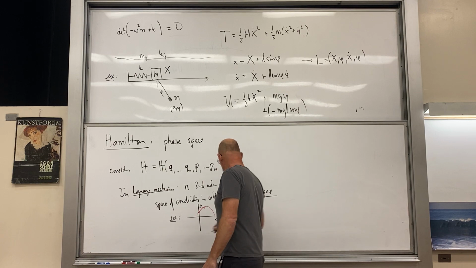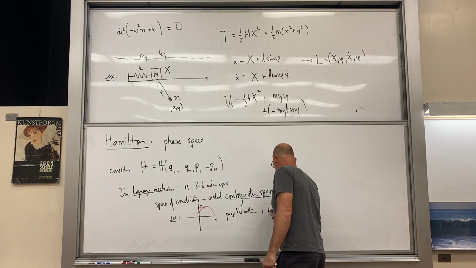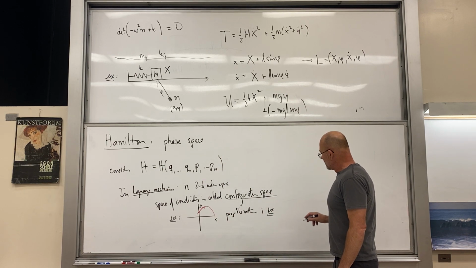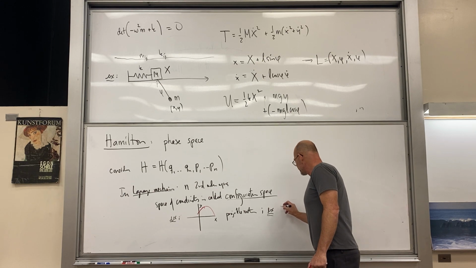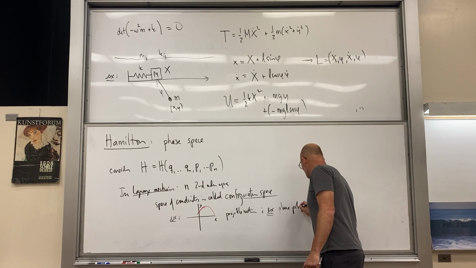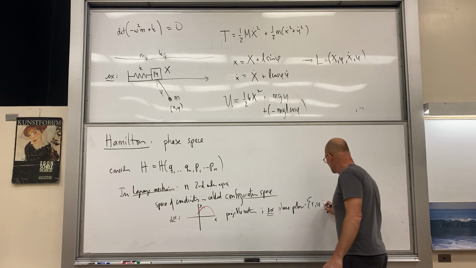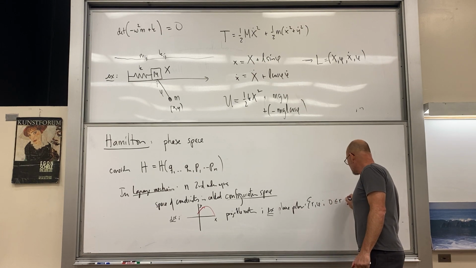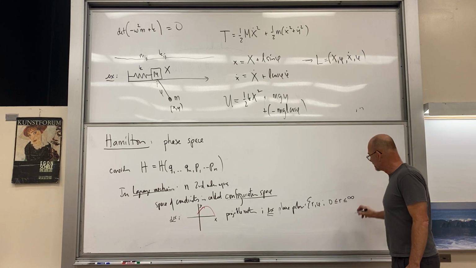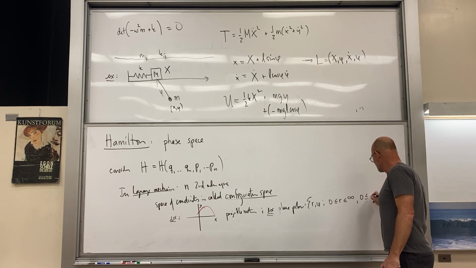Another example over here, we could have, for plane polar coordinates, it's the space of r and phi, for 0 less than or equal to r to infinity, and 0 less than or equal to phi less than or equal to 2 pi.